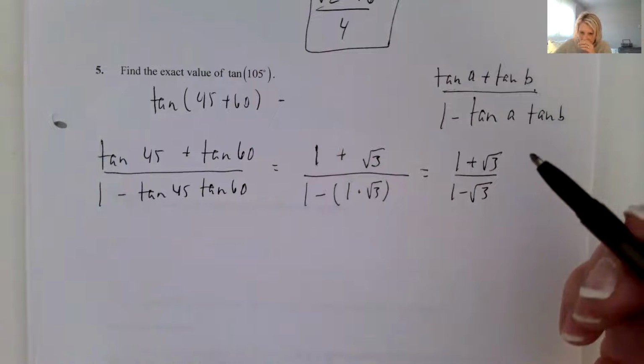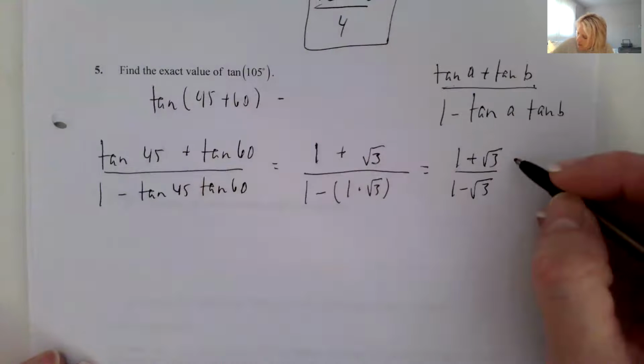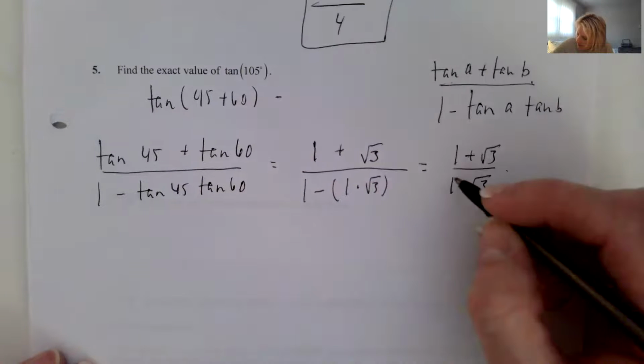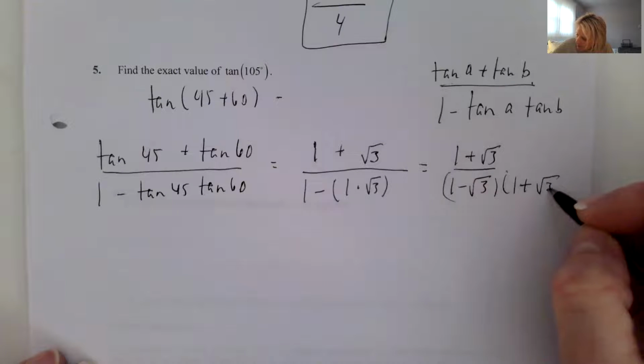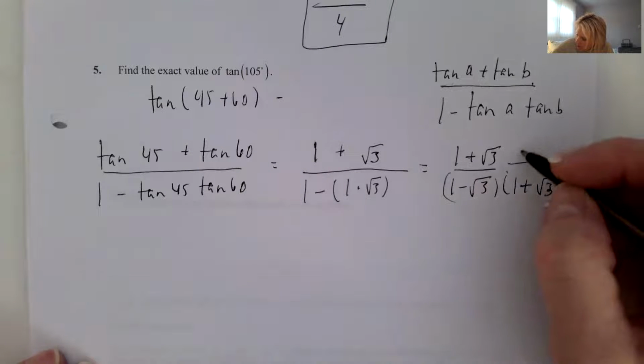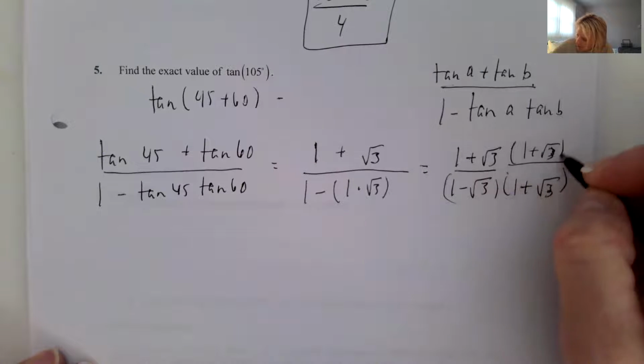And we could try to rationalize that if we multiply by the conjugate to get a difference of squares. So 1 plus the square root of 3 over 1 plus the square root of 3.